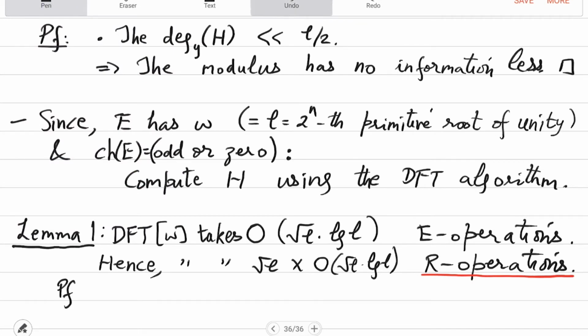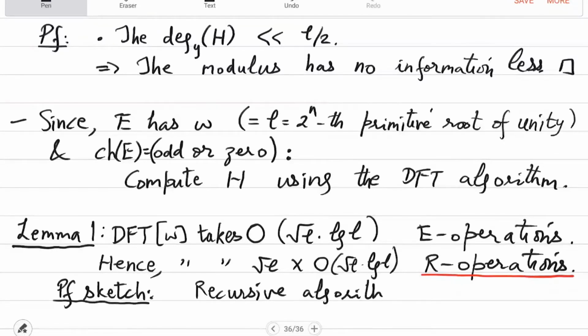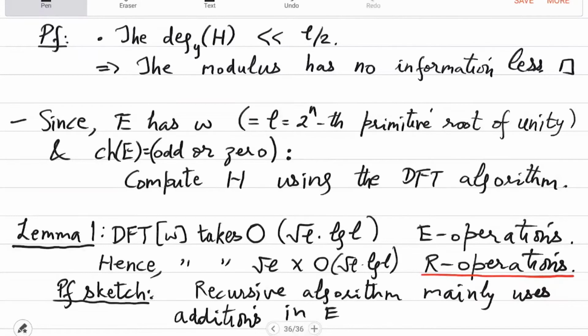It mainly uses E additions and multiplies by omega, which is actually y.